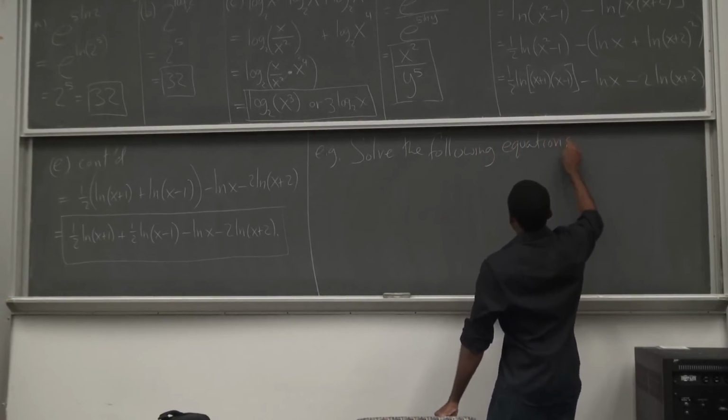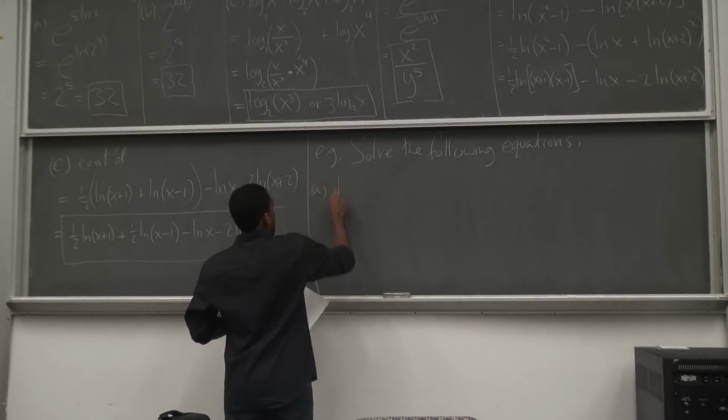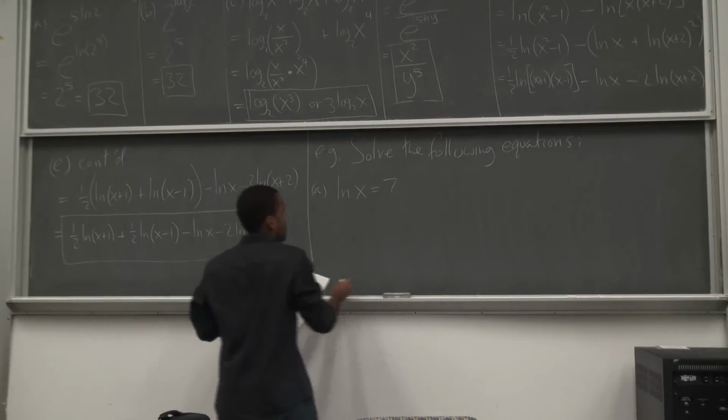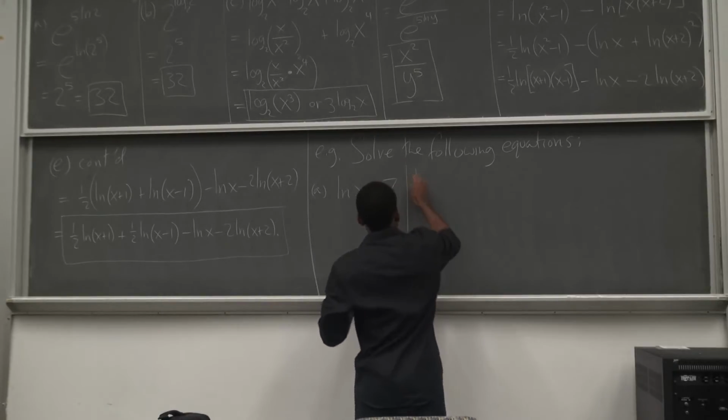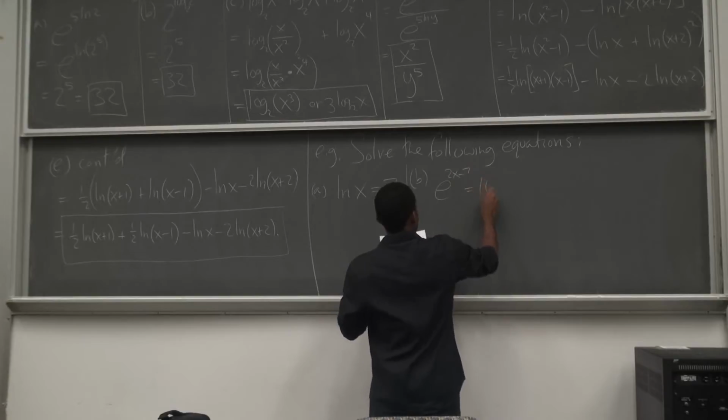Let's solve some equations. A. If I have the equation ln of x equals 7. B. e to the 2x minus 7 equals 10.